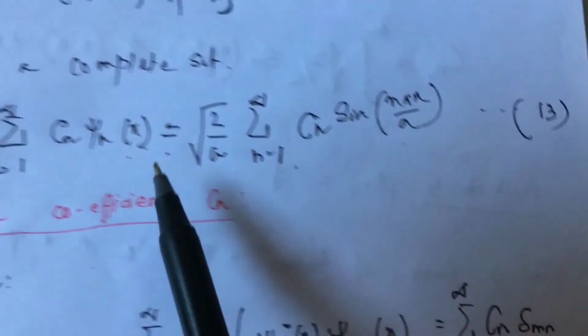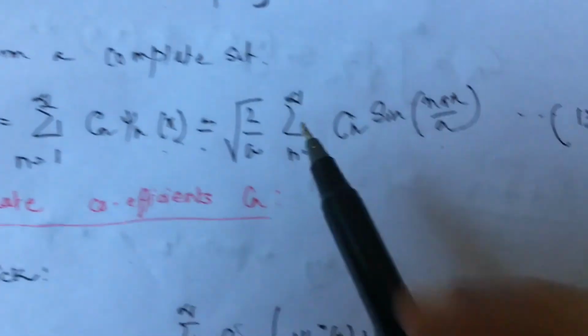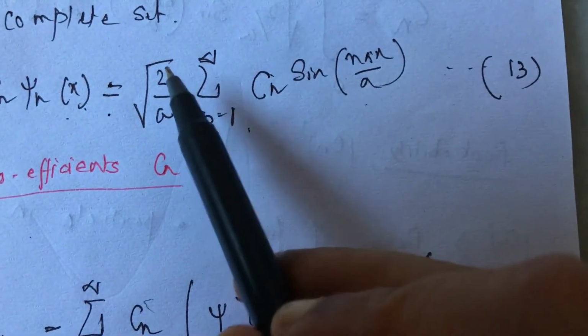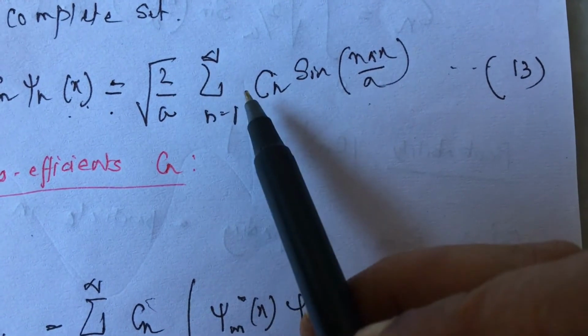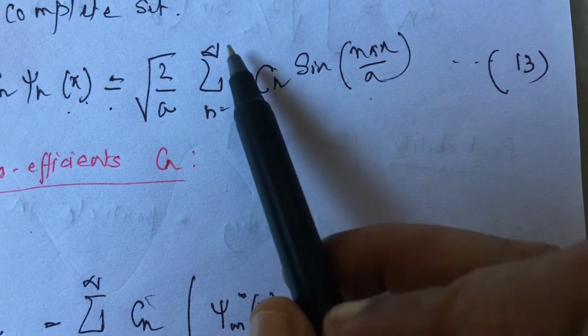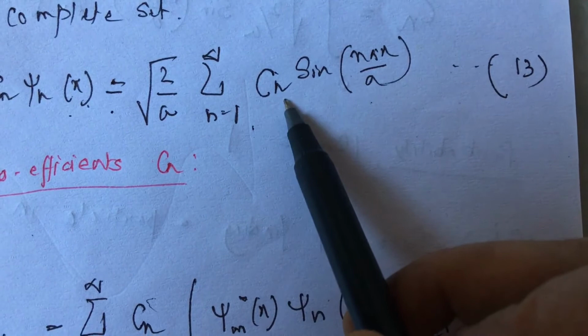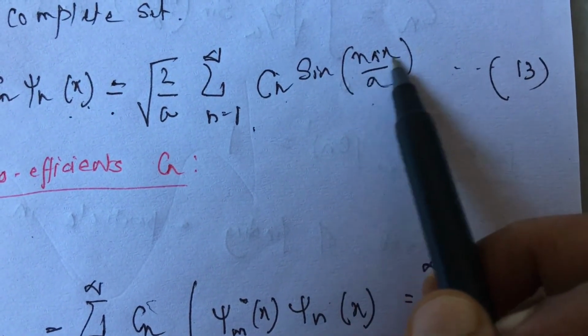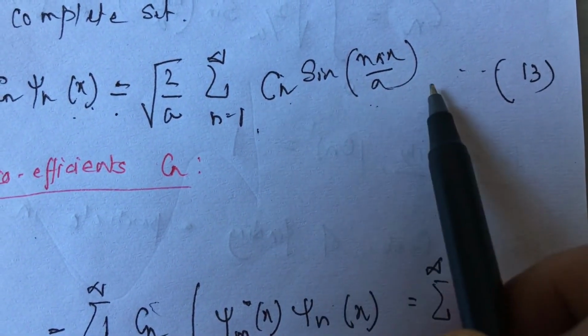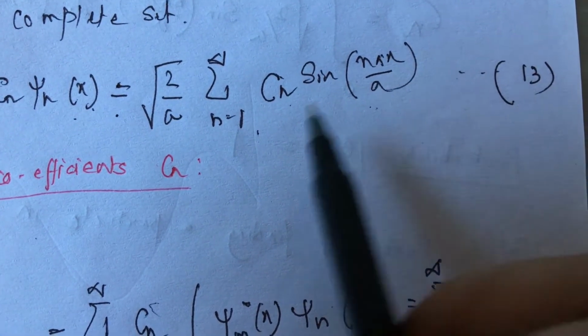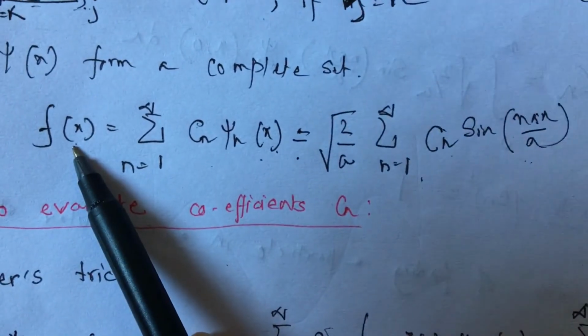So f(x) equals root over 2 by a, summation from n equal to 1 to infinity, cn sine n pi x by a. So an infinite number of wave functions will give me another arbitrary function f(x).